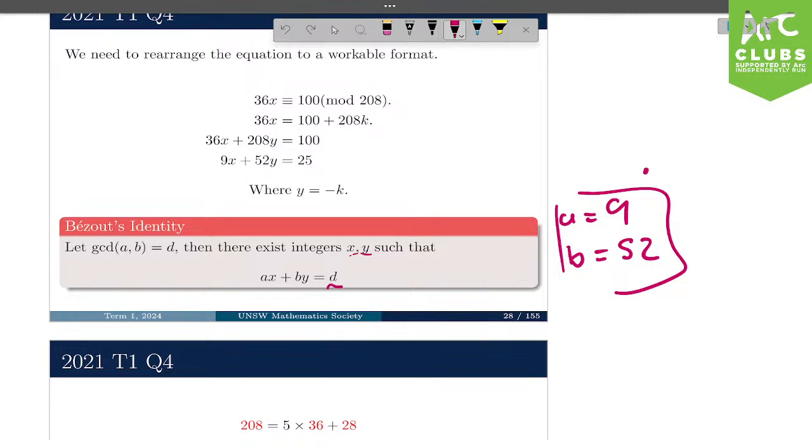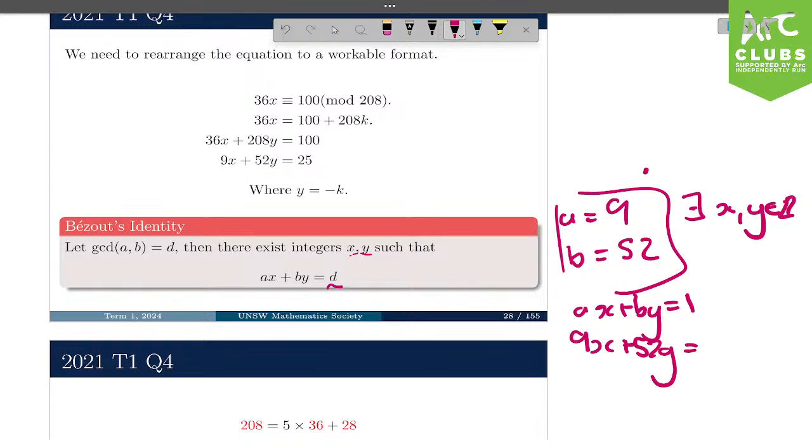We note that there exist x and y that are integers such that ax plus by is equal to 1, since 9 and 52 are coprime. Alternatively, we get 9x plus 52y is equal to 1.